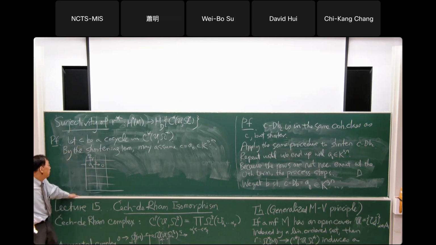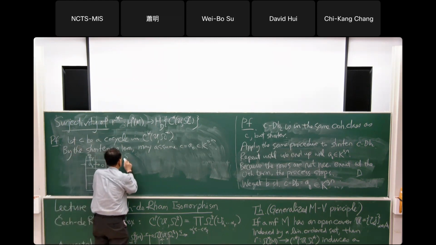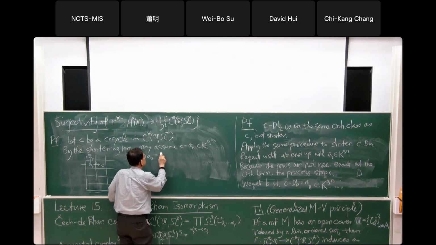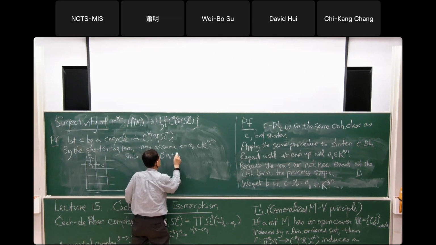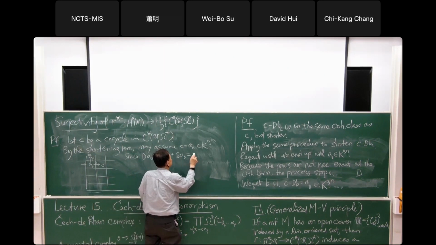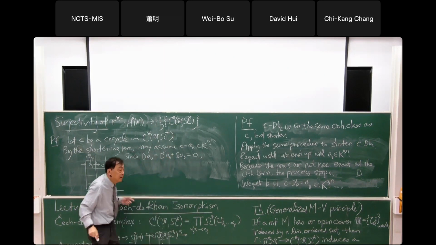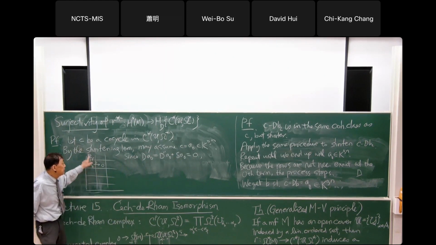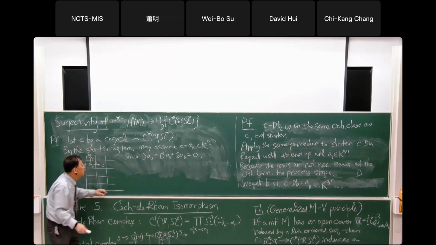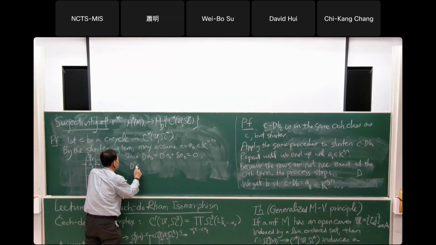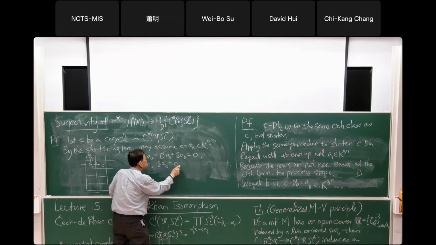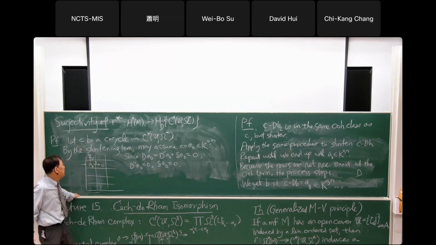Since D of A0 is D double prime A0 plus delta A0, which is 0, and these two terms are in different boxes, both of them have to be 0. So D double prime of A0 is 0, and delta A0 is 0.